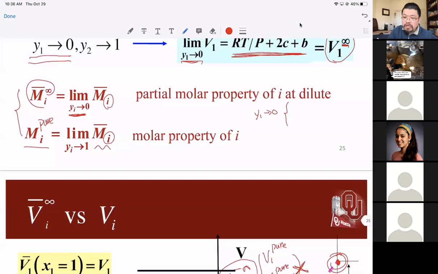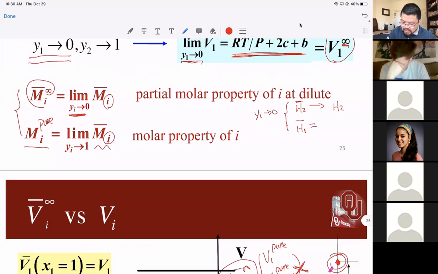Then essentially you're going to have the pure component 2, so h2 partial is h2 pure, because y2 is going to 1. But at the same time for h1, we almost have no h1 left. So this h1 becomes the partial h1 infinity. Okay, that makes sense.